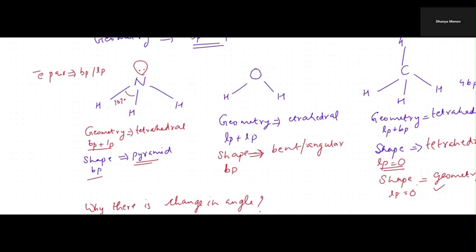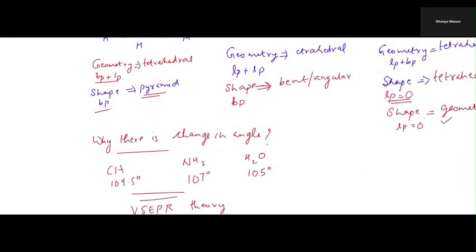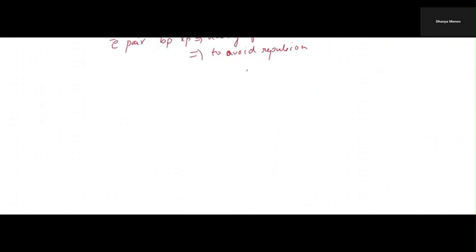These bond pairs and lone pairs have different kinds of repulsion. Talking about ammonia, this is the lone pair, hydrogen, hydrogen, hydrogen.